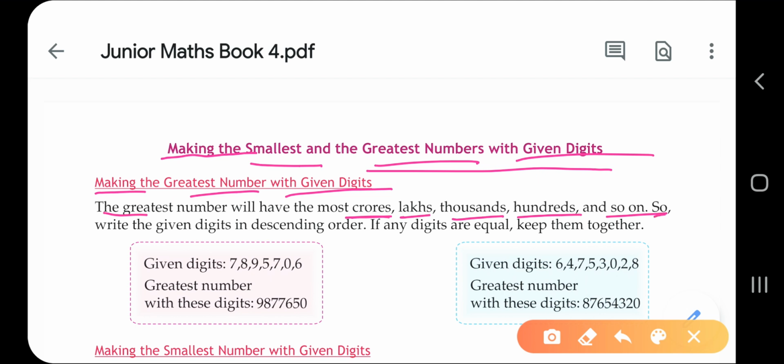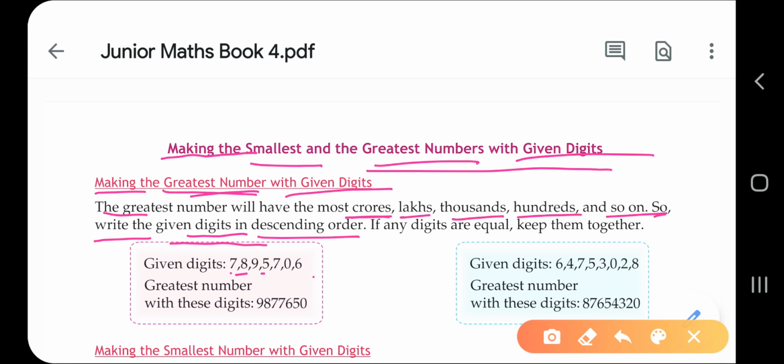Okay, so write the given digits in descending order. Descending order means biggest to smaller. Okay, descending order में अगर suppose this is the example, these are the digits and you have to create the largest number, the greatest number from these digits.